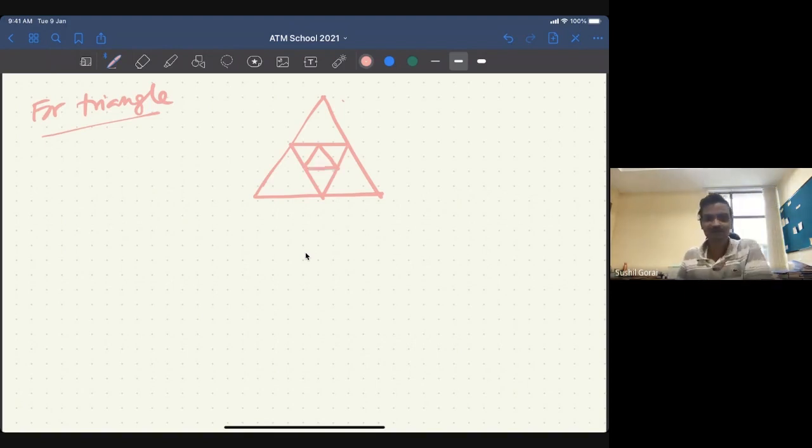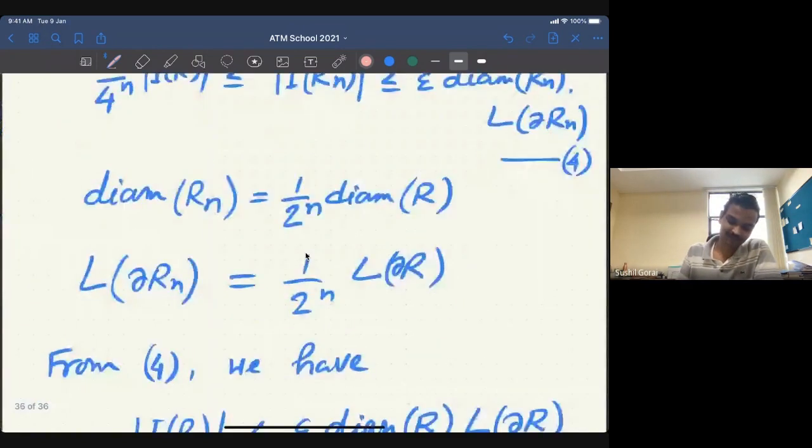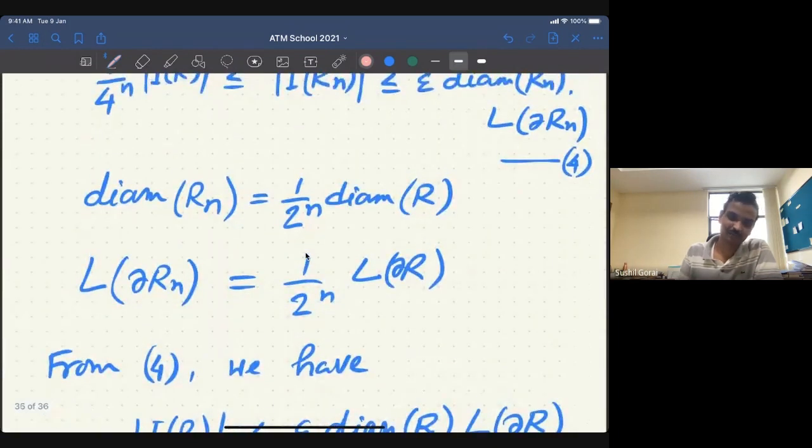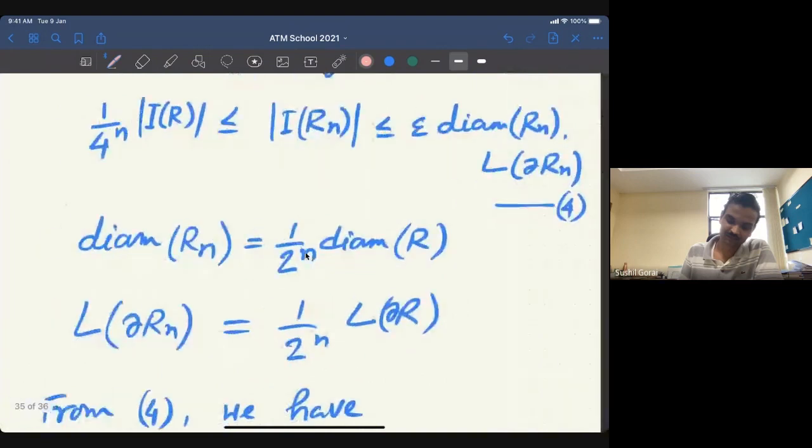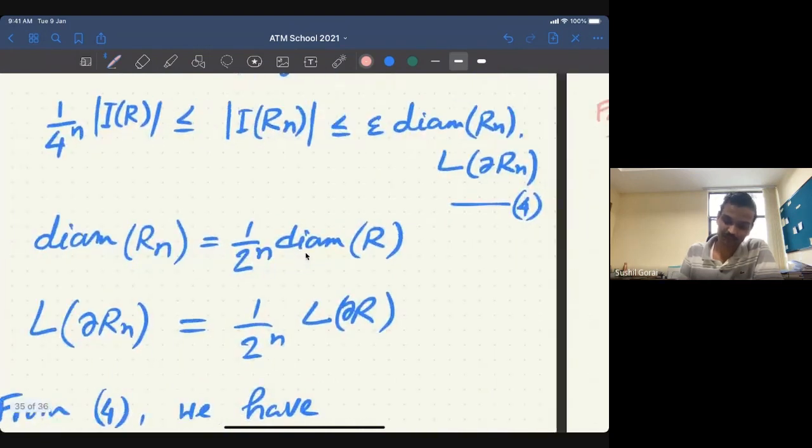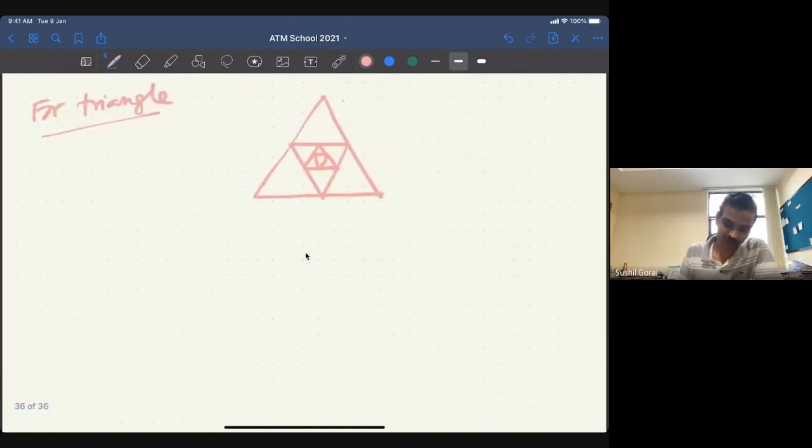All right? So go on doing this, and use the same method. So instead of this 2 to the power n, there will be some power of 3 or 4, yeah, actually 4, 1 over 4 to the power n.